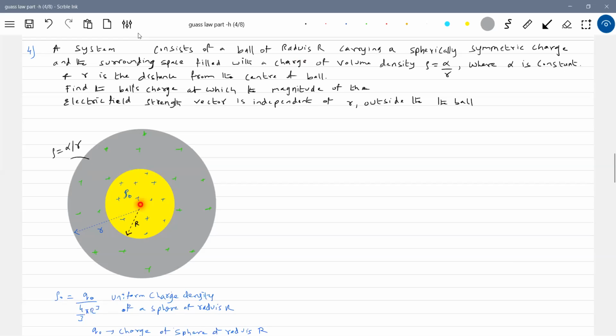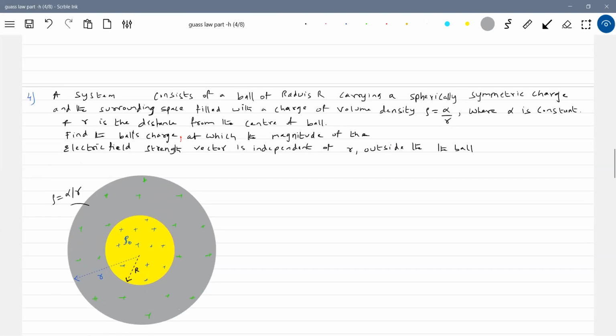Find the ball's charge at which the magnitude of electric field strength vector is independent of r outside the ball. Means somewhere here the field strength should be constant.